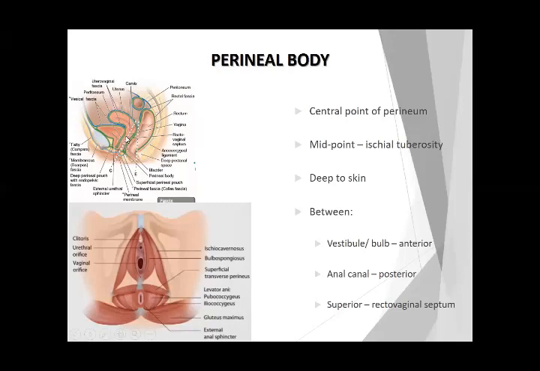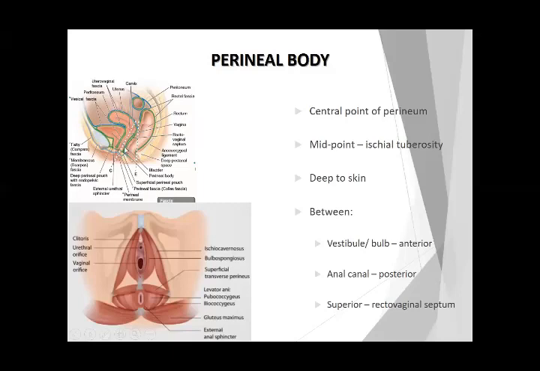Okay? So in the females, even in the males, in females the connective tissue between the uterus and the rectum, the recto-vaginal connective tissue or recto-vaginal septum, is attached to the perineal body superiorly.